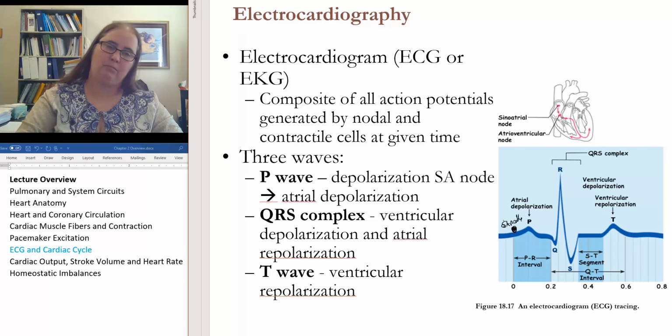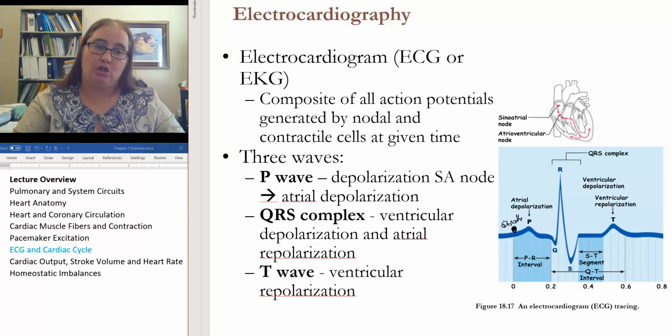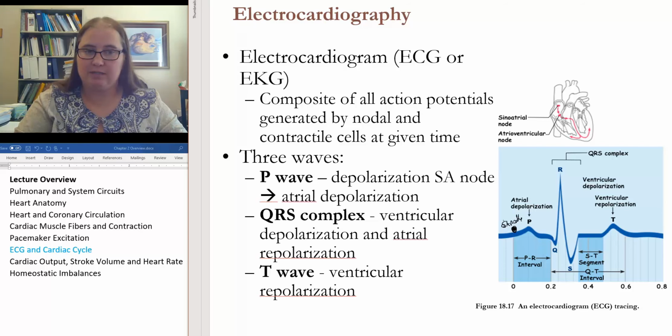Okay, now our QRS complex represents 2 events. One, ventricular depolarization, and again, this means that if this represents our ventricles depolarizing, then our AV node had to have fired prior to this event occurring, okay?